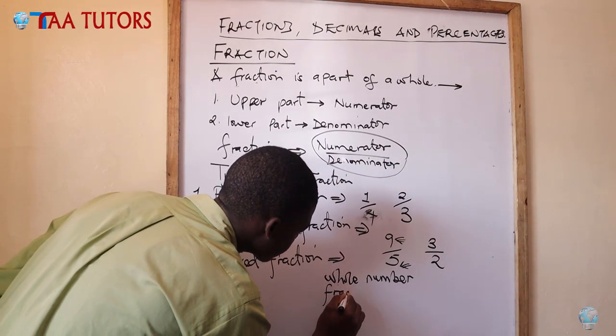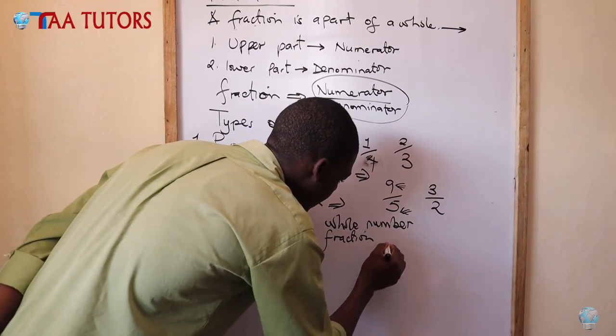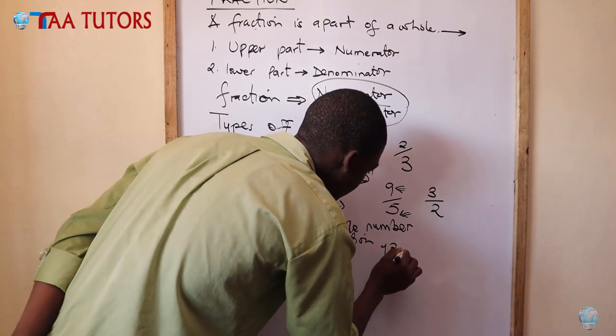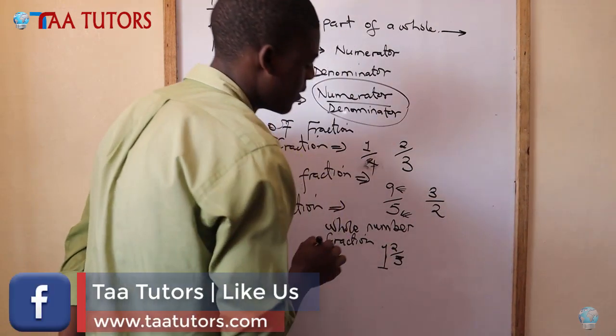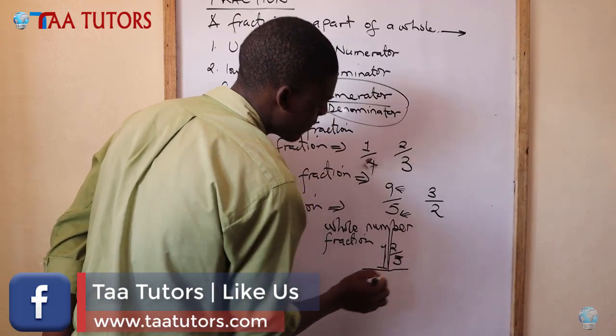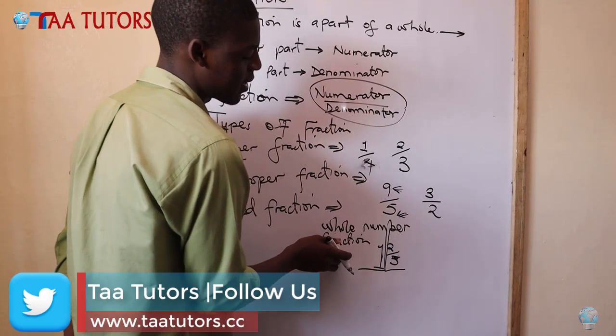Then we have the fraction part of it. So we will have a whole number like 1, and let's say 2 over 5. This one is the whole number part and this one is the fraction part. So a mixed fraction is made up of a whole number and a fraction.